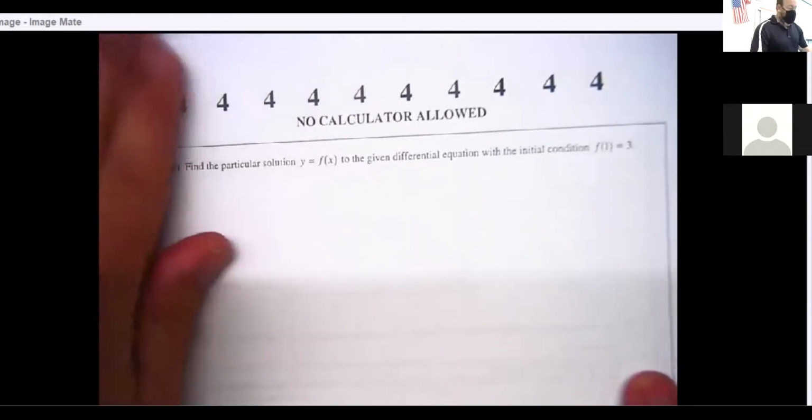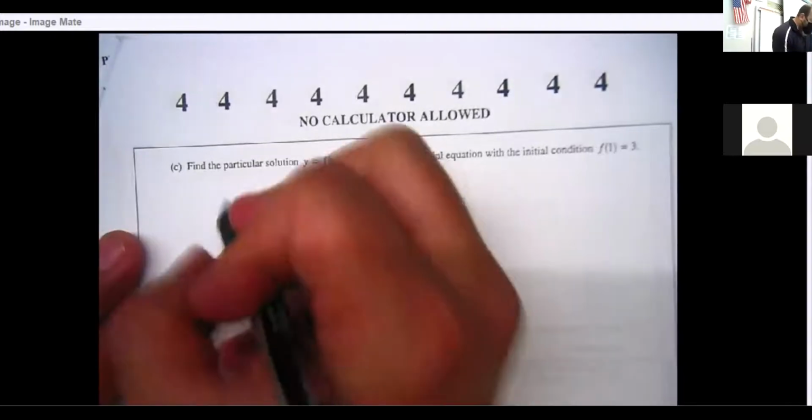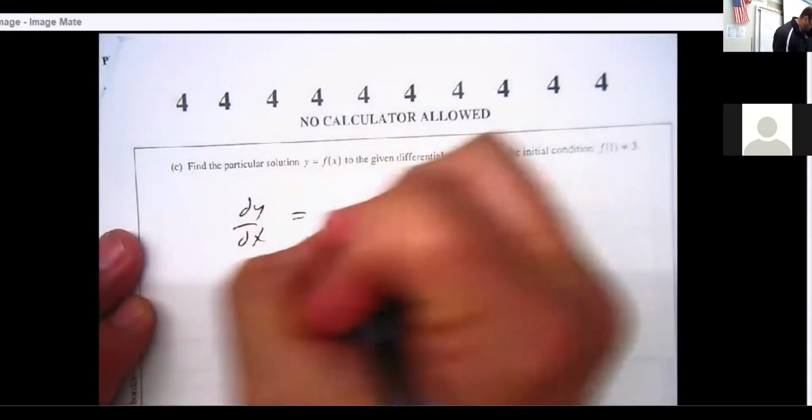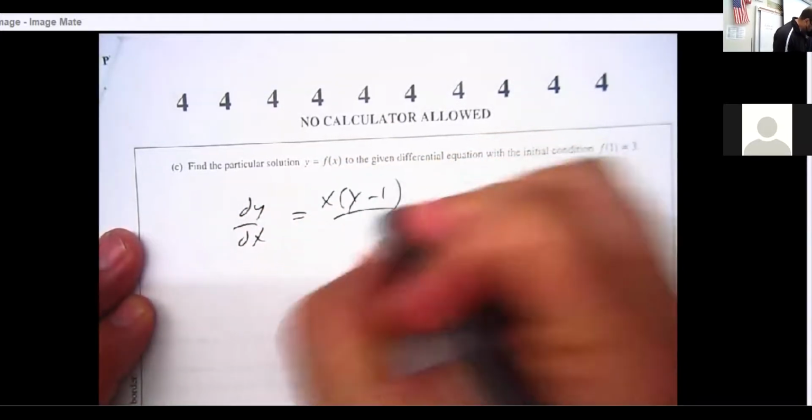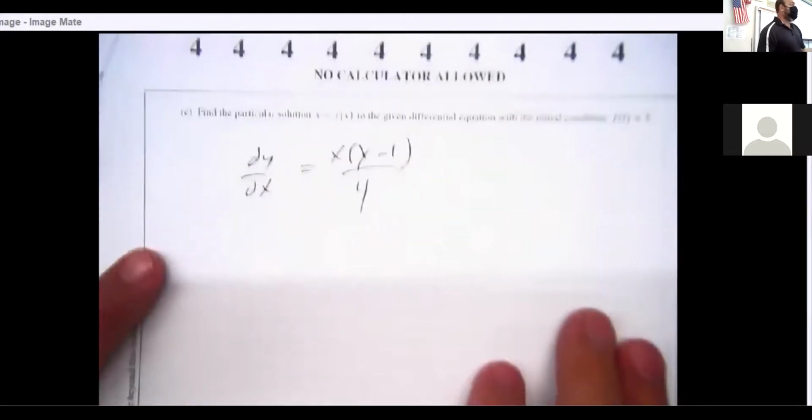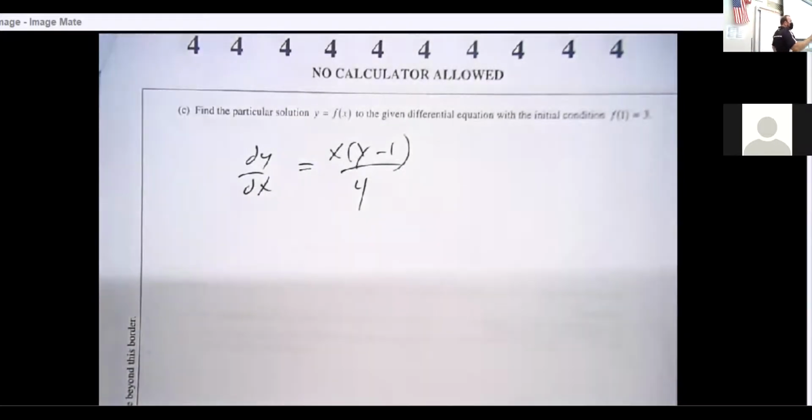Now, this is actually the big problem. This is the one that I wanted to see happen because we know that dy/dx is this. So without even looking at the answer key already, you guys should know that over at the side, they're going to have a note that says 0 points if what? If you don't separate, we're not going to read it.